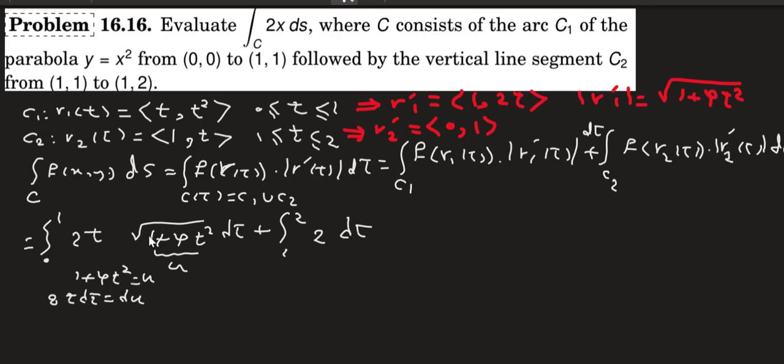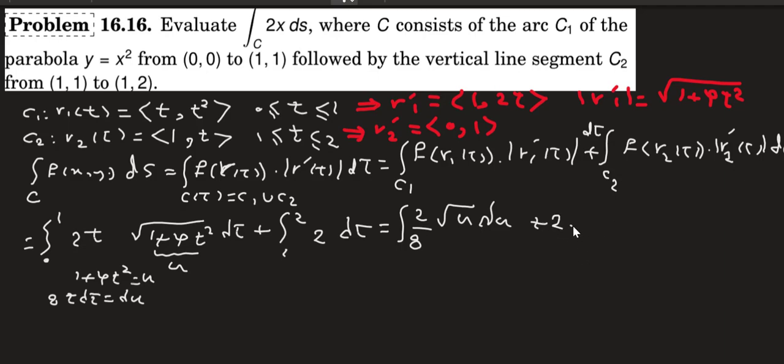Now we replace t in terms of u, so we have 2 over 8, which is 1 over 4, integral of the square root of u du, plus the integral of 2, which is 2t between 1 and 2, so 2 times (2 minus 1), which is 2.